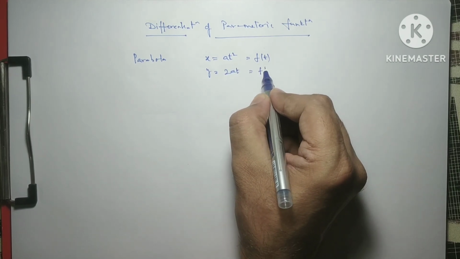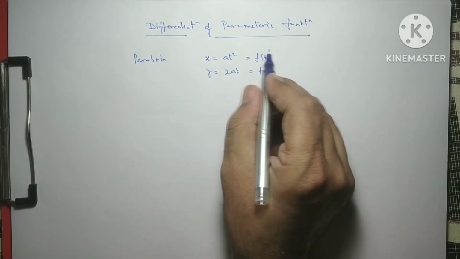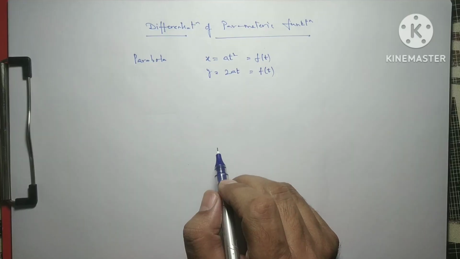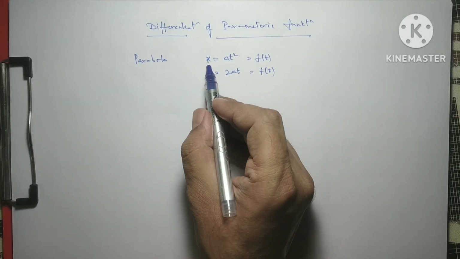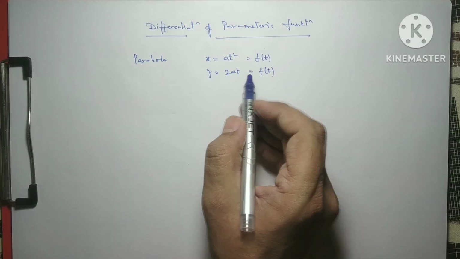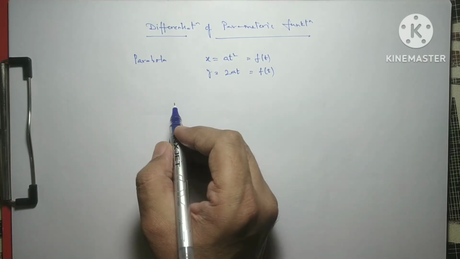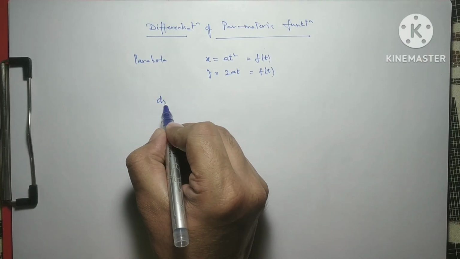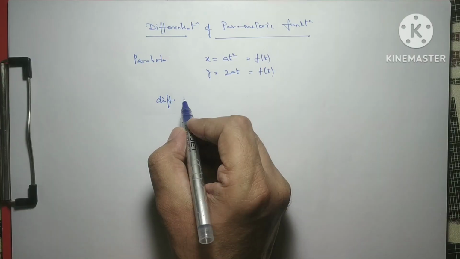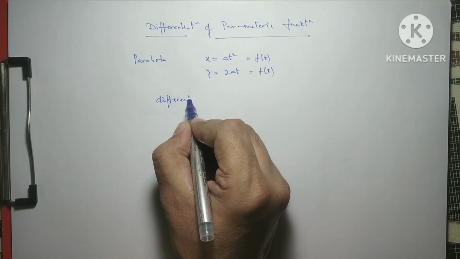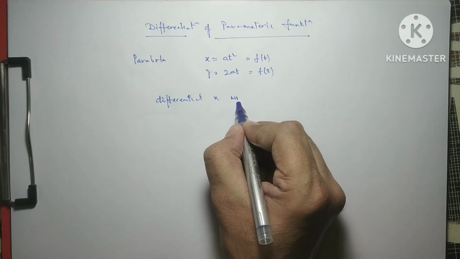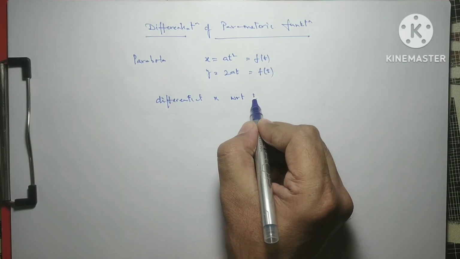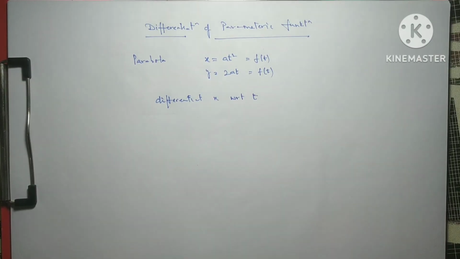So it is also a function of t. So these are parametric equations. How will you differentiate? You differentiate x and y separately with respect to t, meaning differentiate x with respect to t, and similarly y also.